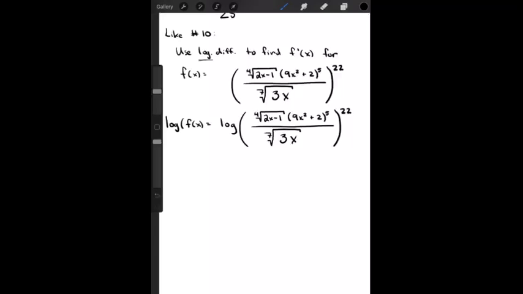Okay, so if we're taking the log of this guy, which log rule are we going to want to use first to start to simplify this guy? Remember, for logarithms, we basically have the quotient rule, the product rule, and the power rule.